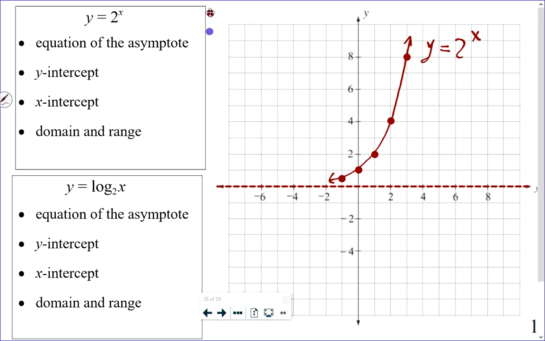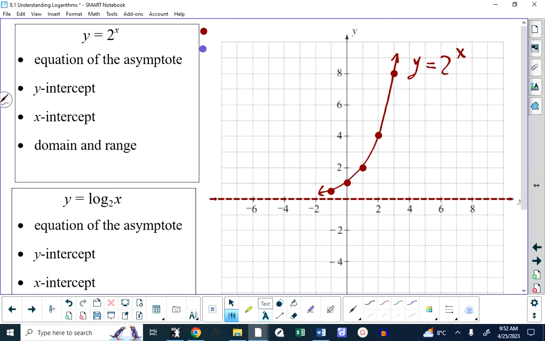The first thing to note is that these are inverses, right? These two functions we're graphing are inverses. And that means that if the x-axis is a horizontal asymptote on the exponential function, the y-axis must be a vertical asymptote on the inverse, because x and y switch.